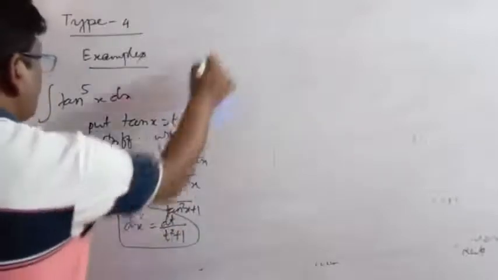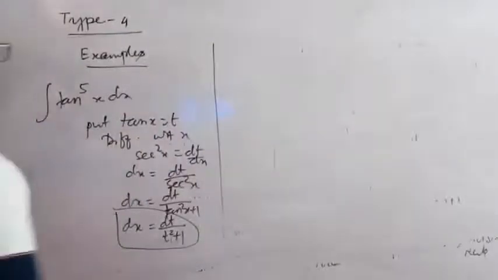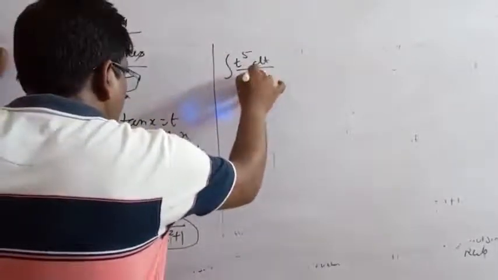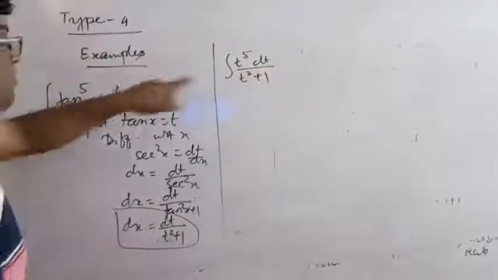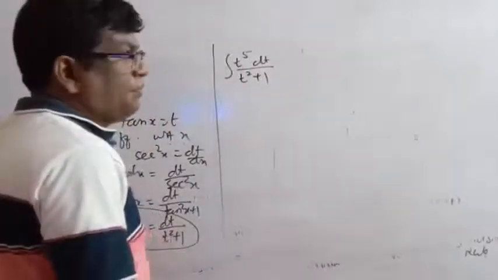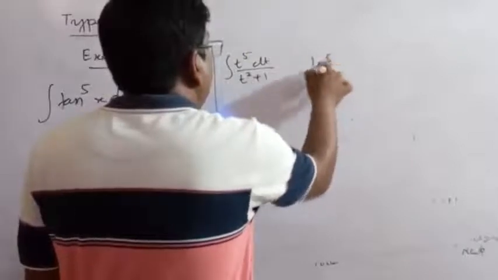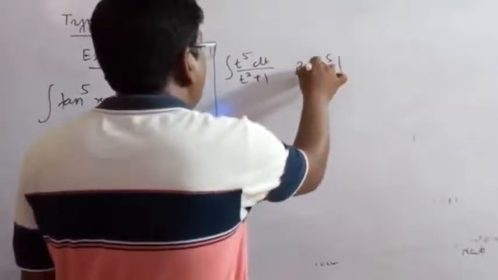Now apply this. We get t to the power 5 dt by t square plus 1. Now apply the division formula. Since the power of the numerator is greater than the power of the denominator, divide t5 by t square plus 1. So t5 plus t cube, minus t cube, and minus t, remaining t.